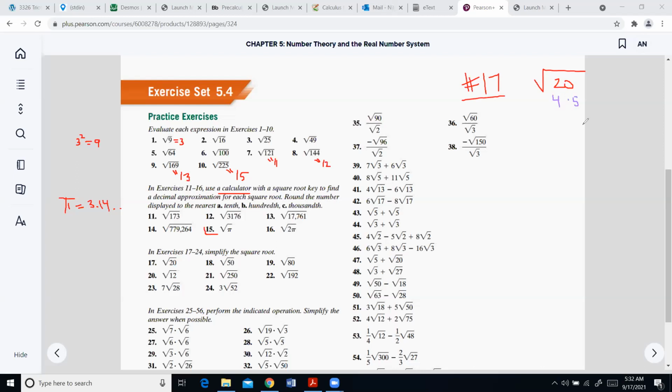The reason I factor it with a 4 and 5 is because I can square root number 4, right? I can square root number 4, it's 2. We just did it. So the answer we can write with a square root. So it's going to be 2 multiplied by a square root from 5. Just like that.